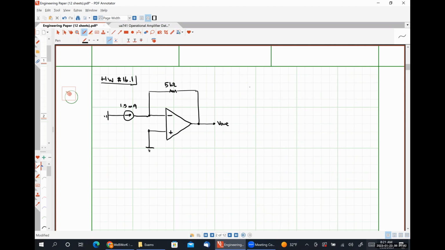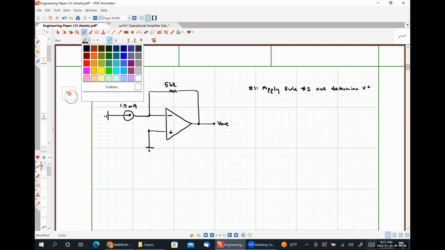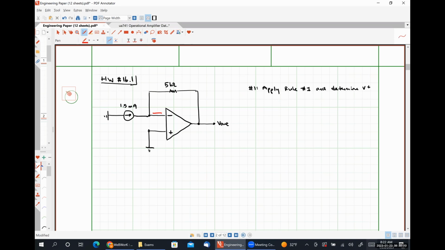So our first step is going to be apply rule number 1 and determine the voltage present at our non-inverting input terminal. So rule number 1 says that this current has to be 0 amps and this current has to be 0 amps.